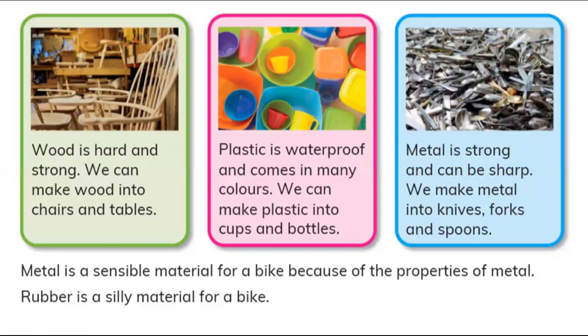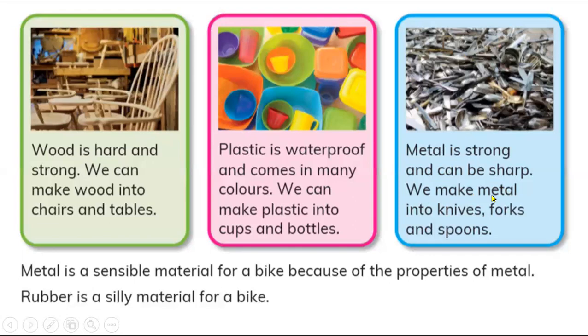So the knife helps to cut the tomatoes and different vegetables because it is sharp. But the wood is not sharp, plastic is not sharp like the metal. So metal is strong and can be sharp.